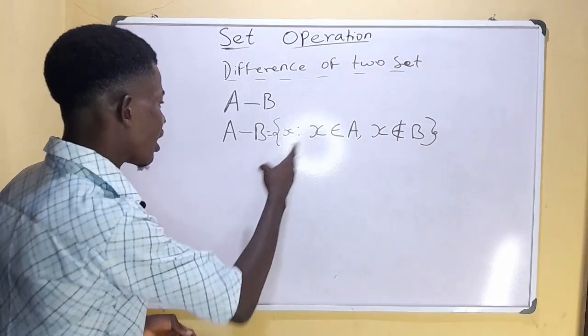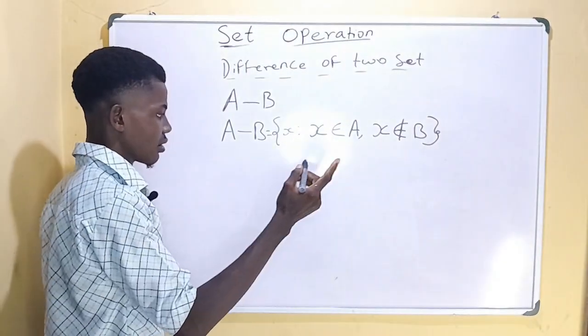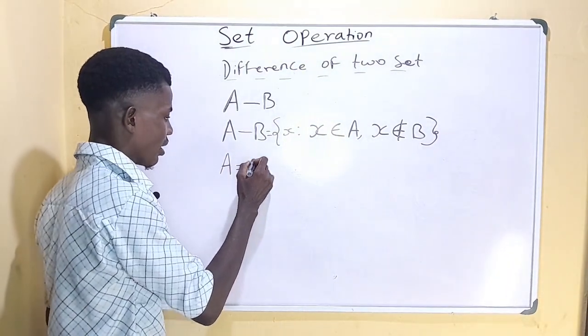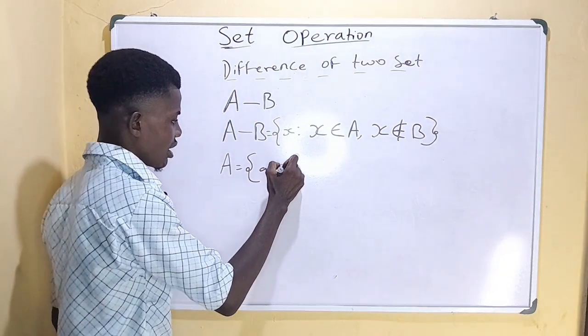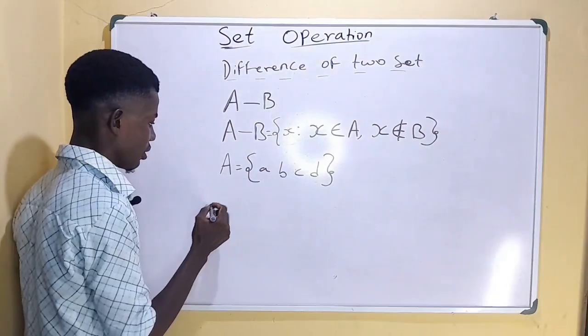Let's give an example of those sets. Let's use alphabets. Let's say A is A, B, C, D. Let me use only 4.